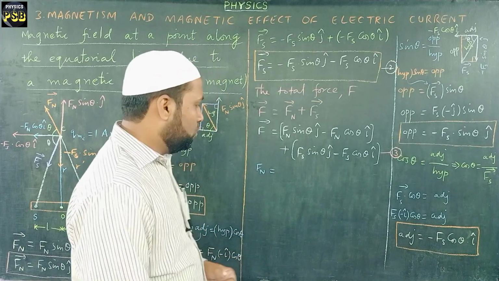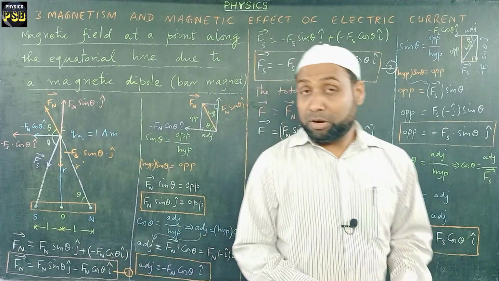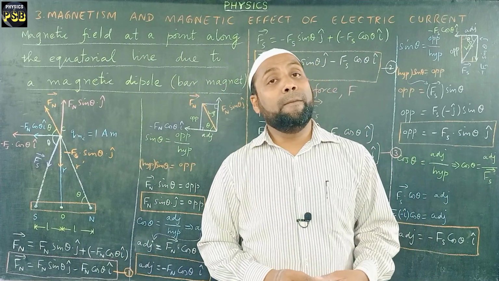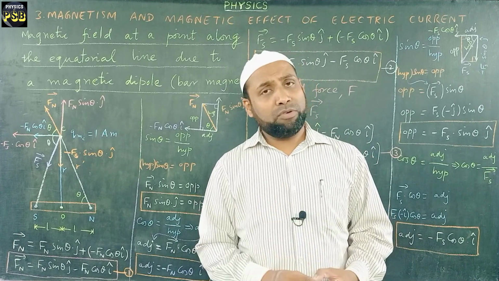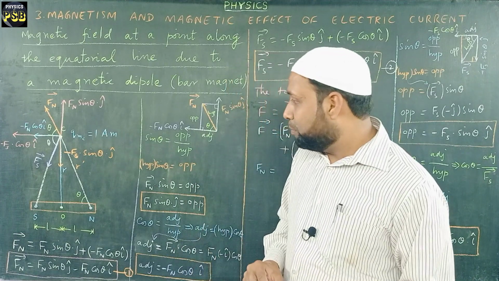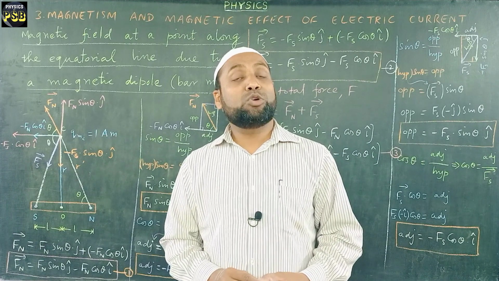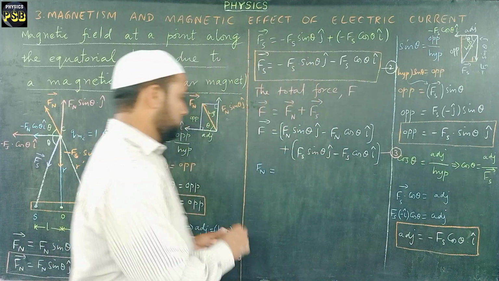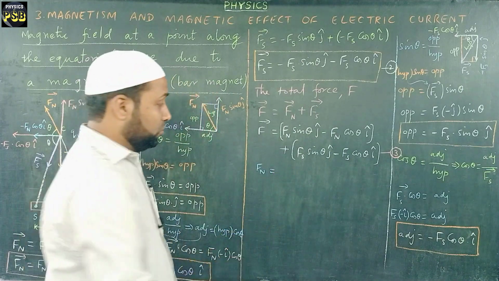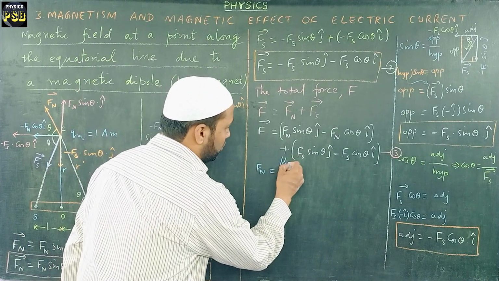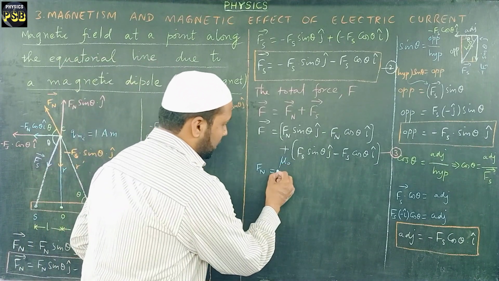What does Coulomb's law say? It says that the force of attraction or repulsion between two magnetic poles is directly proportional to the product of magnetic pole strengths and inversely proportional to the square of the distance between them. We have learned this long ago. I have made a separate video on this; for more information, you can go through that.